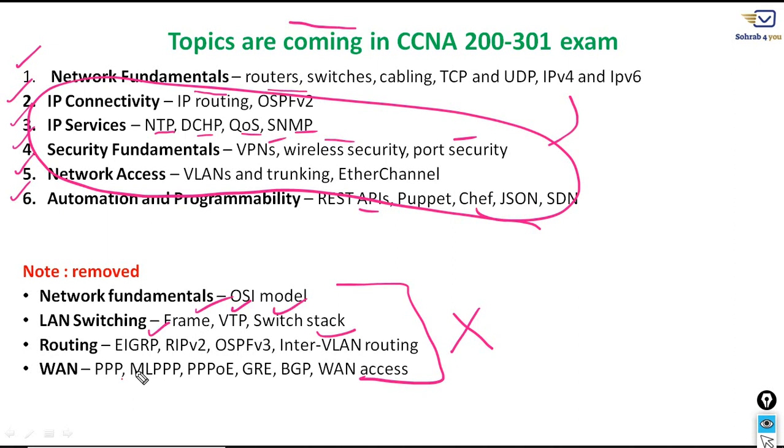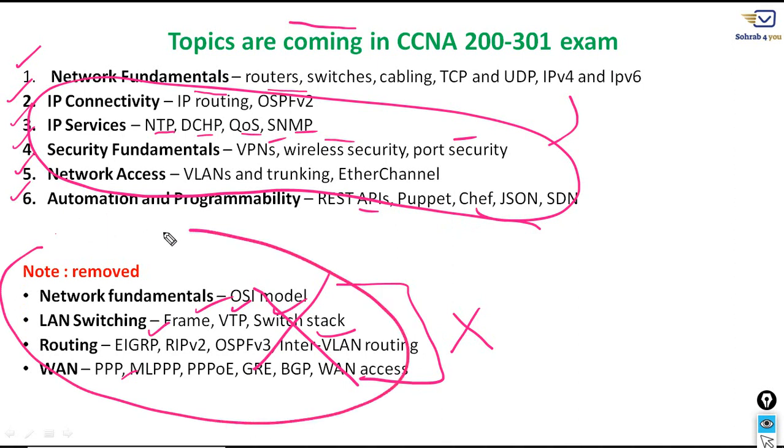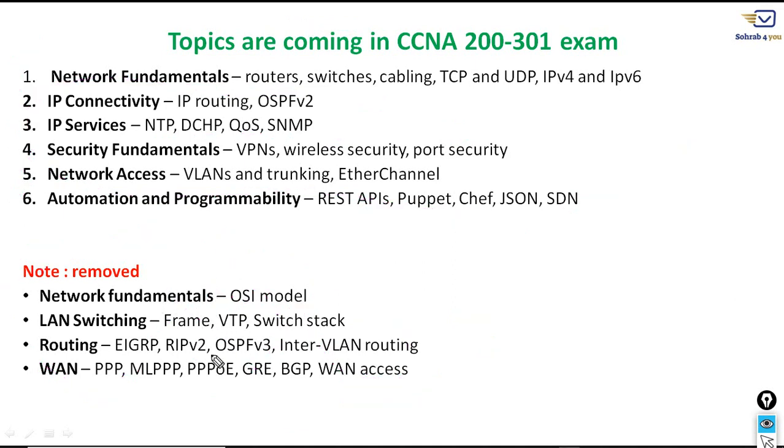You do not have PPP, BGP, all those things. These topics have been removed from the CCNA, and these are the topics which are coming. So simply, guys, we have 6 parts like this, and the other parts are no longer in your CCNA exam. Good.